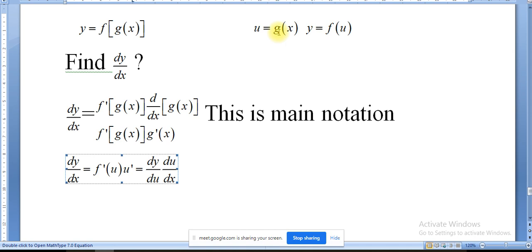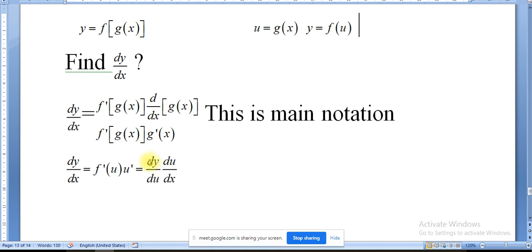G dash of x itself is du by dx, and f dash of u, here you have to look at this part. F dash of u is nothing but derivative of y with respect to u. It is not with respect to x, but it is with respect to u.